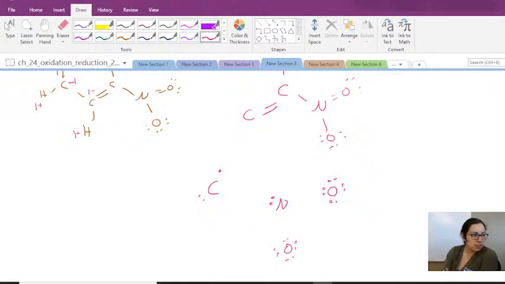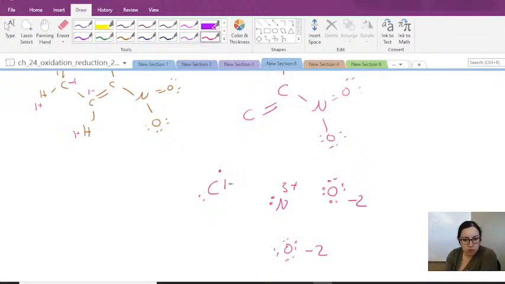And so let's start with the oxygens. So what's our oxygen oxidation state? So -2, -2. And then if we do the math on our nitrogen, so +3, so 5 minus 2, +3, and then what is carbon?